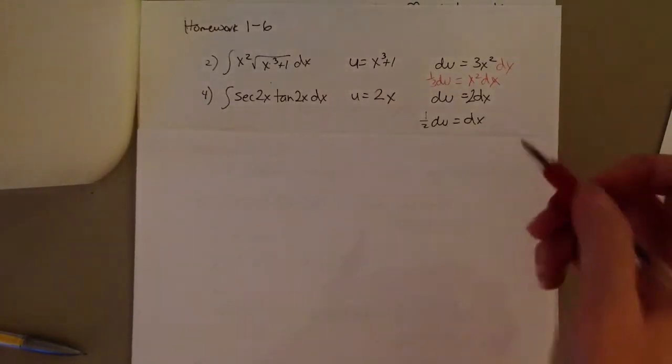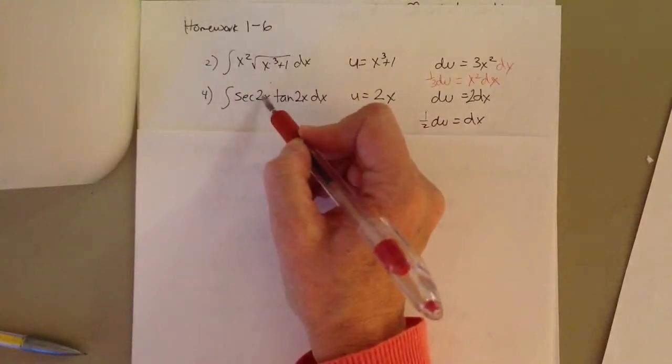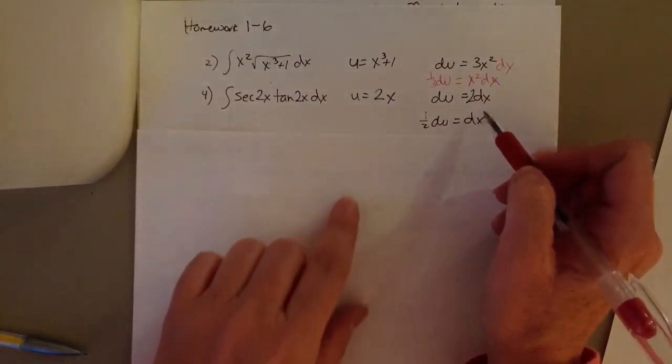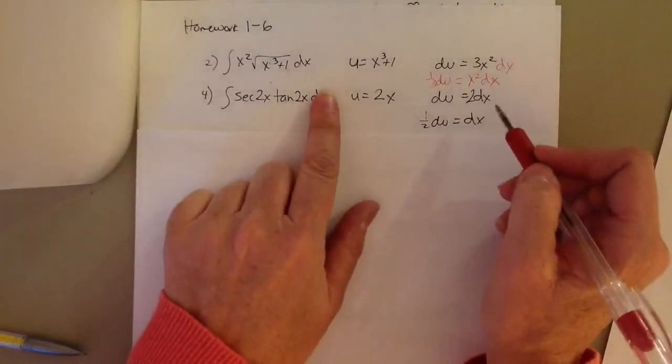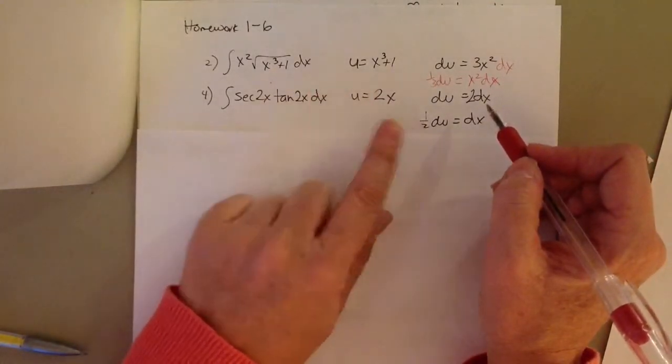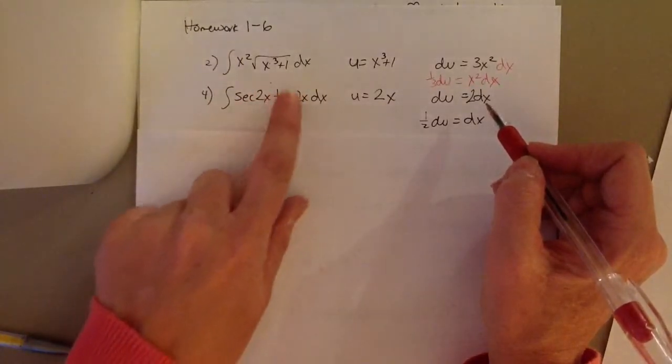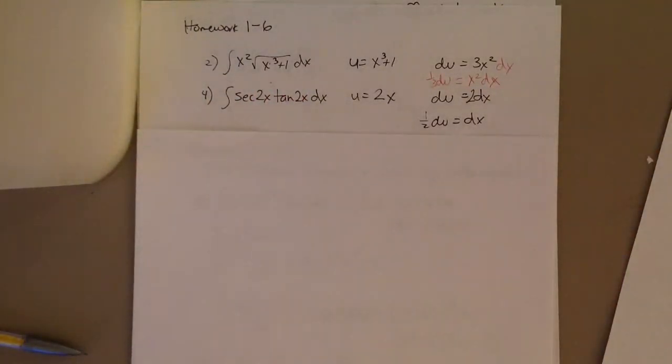Again, I don't want that 2 there. There is no 2 here on the outside. I can't get that on the inside. So 1/2 du equals dx. So I'm going to take out that dx, make it 1/2 du, and then all of this would be secant of u and tangent of u. That I can take the antiderivative of.